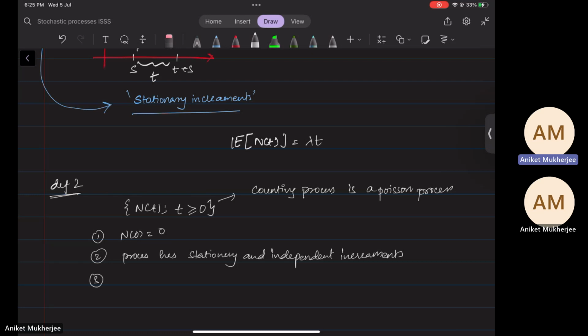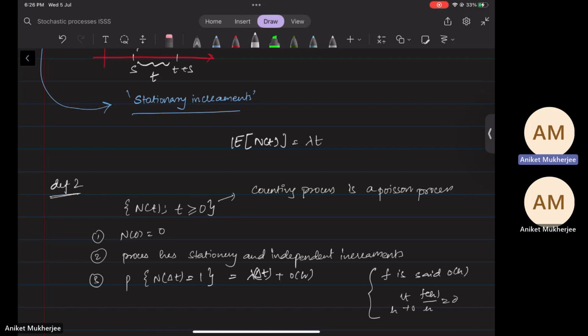and three, the probability of the number of events in a very small interval delta t being 1, so one event happening in a very small interval of delta t, is lambda times delta t plus o of h, where a function f is said to be o of h if the limit as h tends to 0 of f(h) by h equals 0.